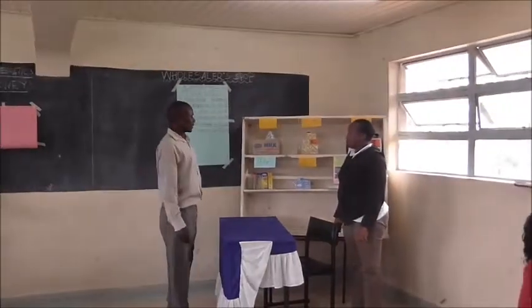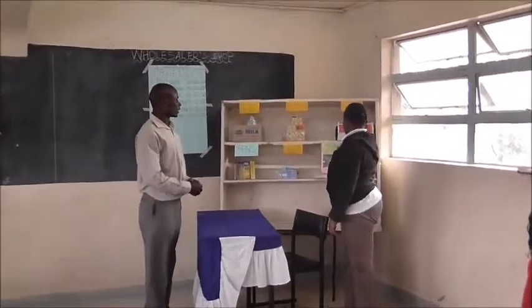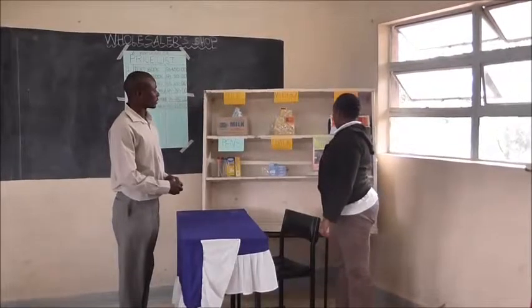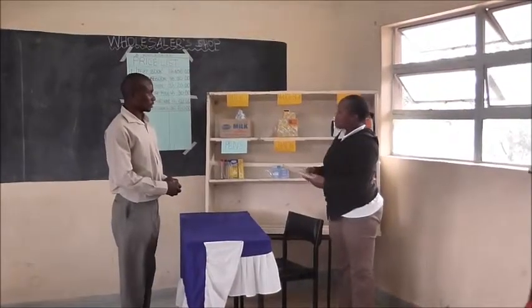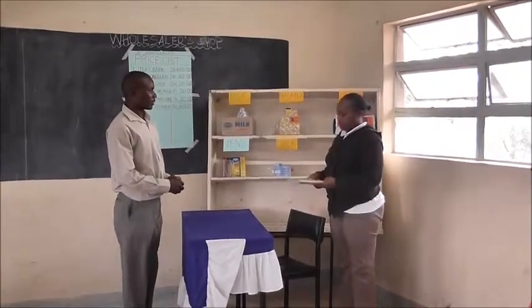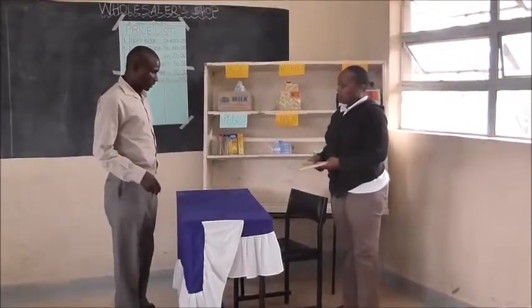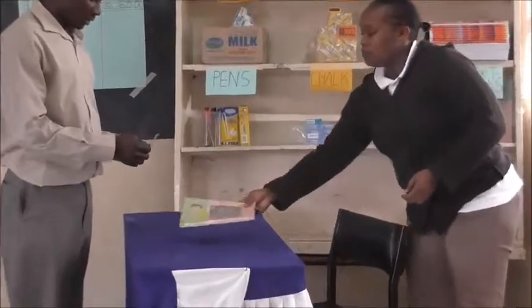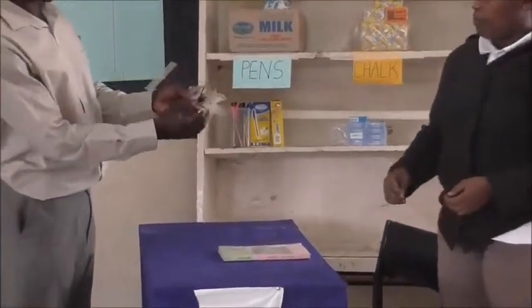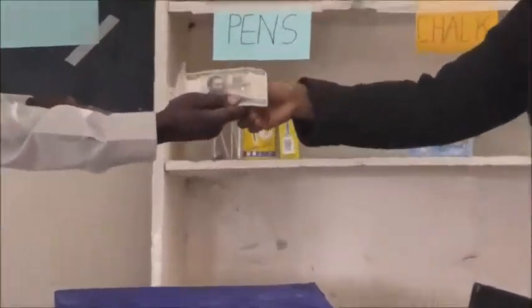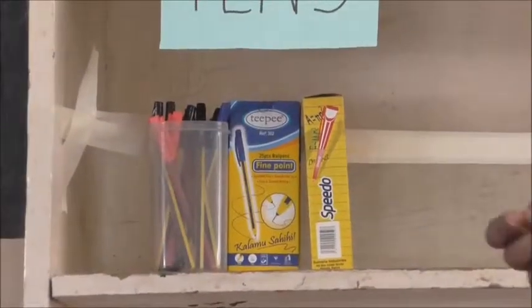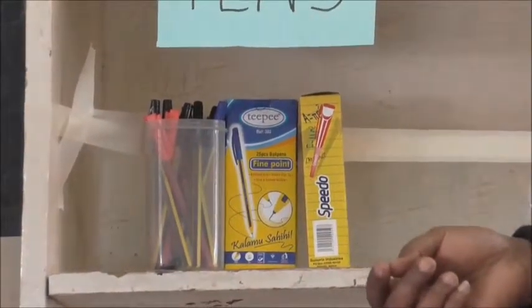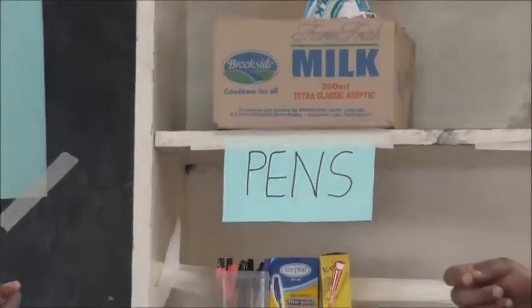Hello. I'm good. How much do you sell textbook, primary CRE? Goes for 450 shillings. Yes. Very good. I'll pay. How much is this? 200 shillings. How much is this? 100 shillings.